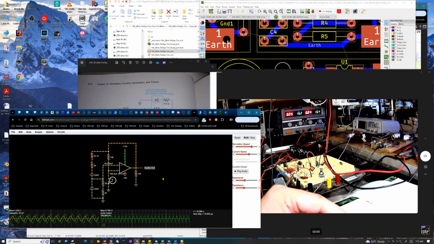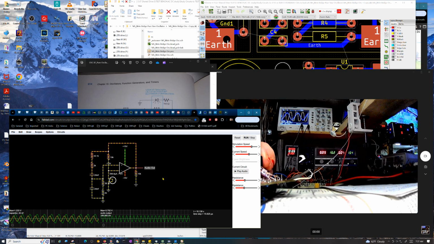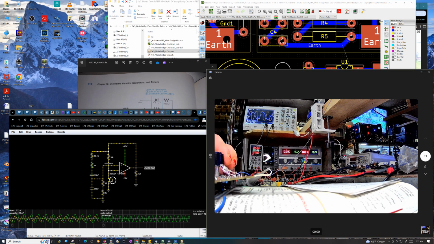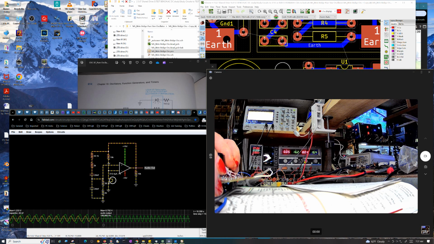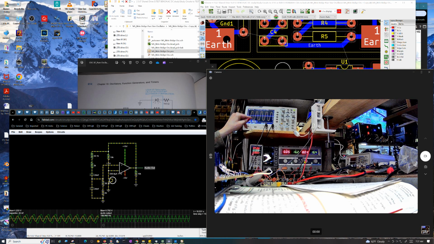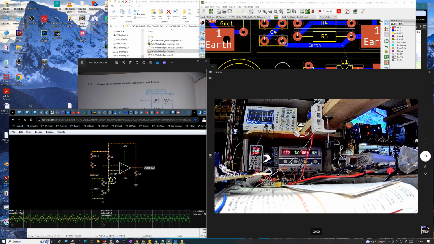And then of course, in terms of maximum frequency, I'll make adjustments here and go up to the maximum frequency right here. We're at 34 kilohertz right now with the resistance I've got set in here.